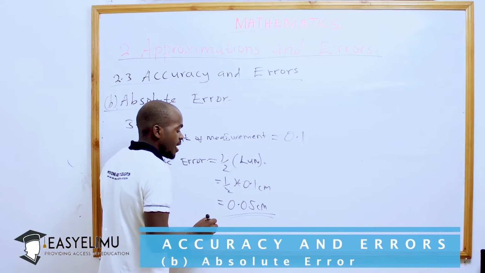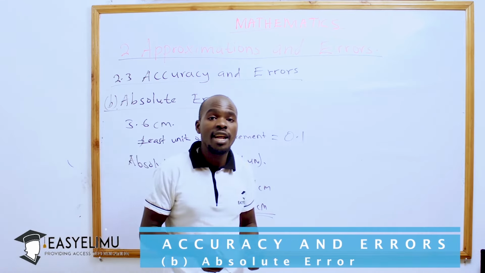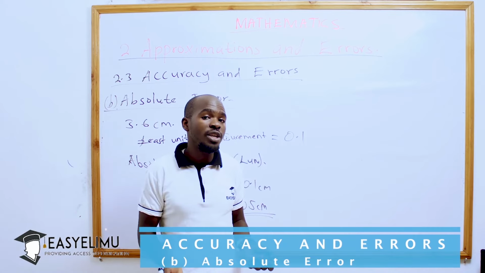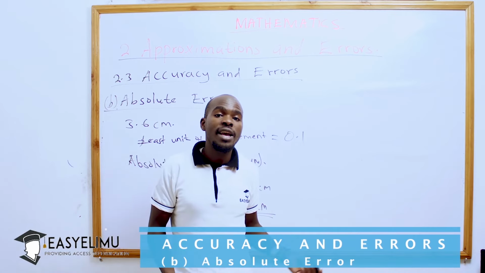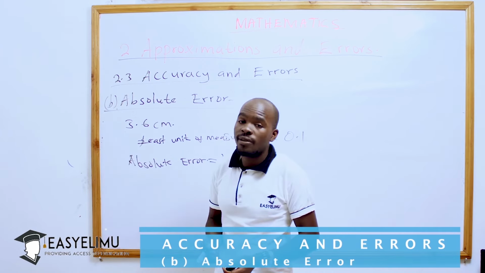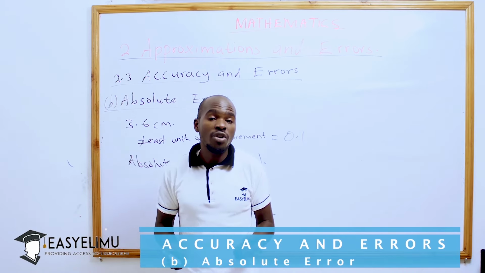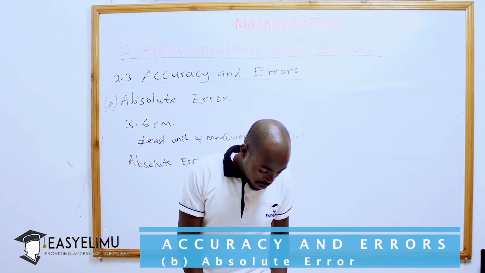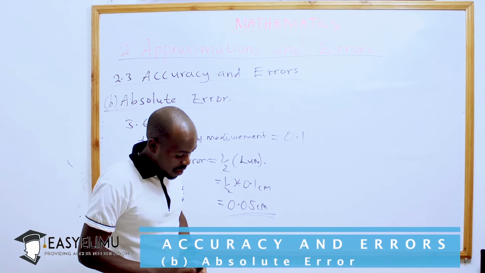And you identify that this one is the same as taking the lower limit of any given unit of measurement, subtract the given or the required, which is 3.6 for this case, and if you do that, you are going to get the absolute error of that given instrument.